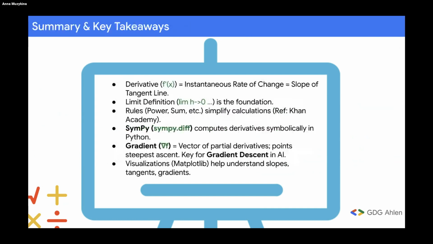Let's summarize. The derivative f prime of x measures instantaneous rate of change and represents the slope of the tangent line geometrically. The limit definition involving h approaching 0 is the formal foundation, visualized well by 3Blue1Brown.